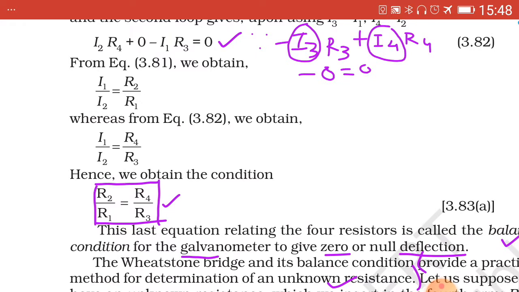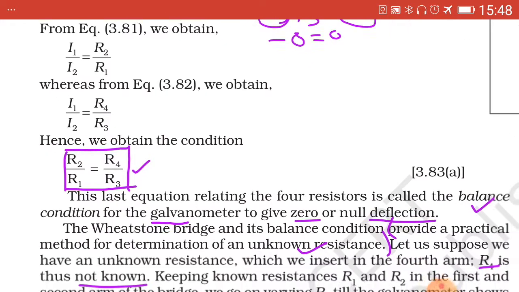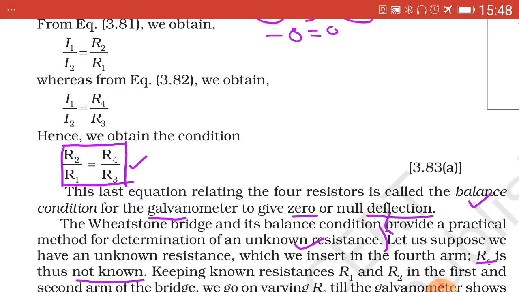So this is the answer, that is the condition for the bridge to be balanced. Balance condition for the galvanometer to give zero or null deflection, that is Ig equal to 0.